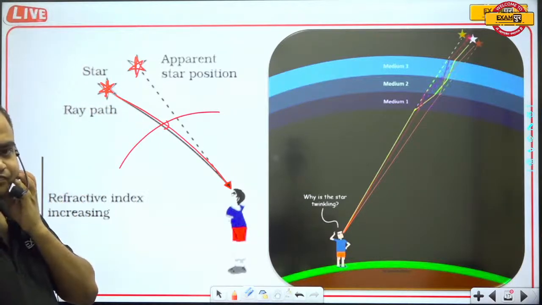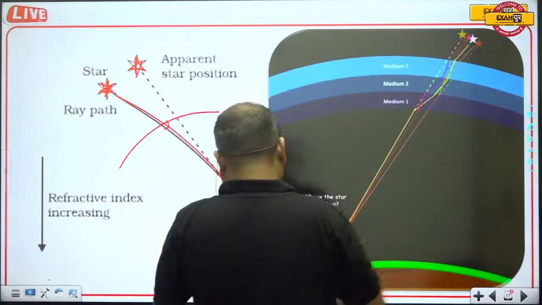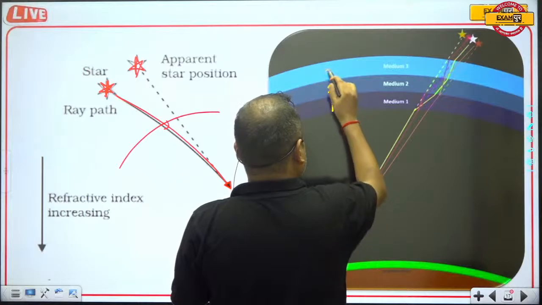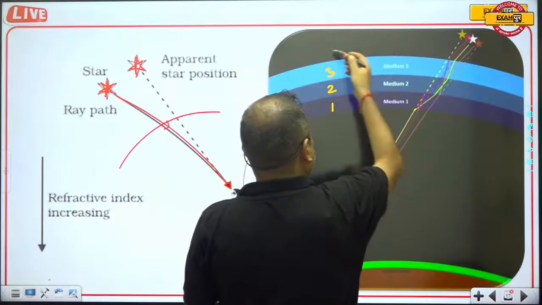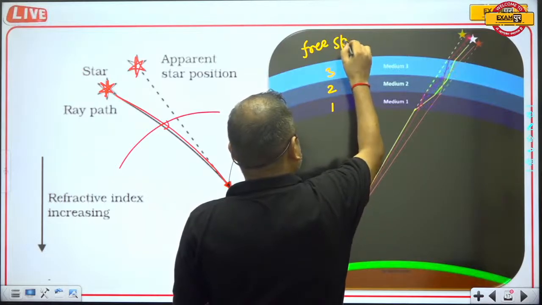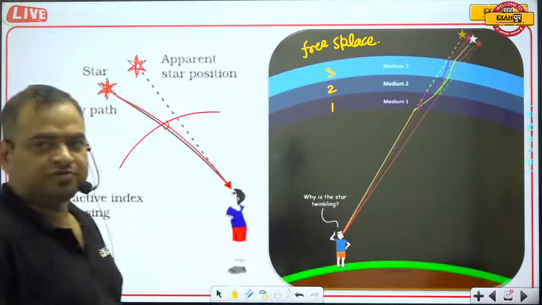Suppose that in the atmosphere there are many layers like this. This is layer number 1, layer number 2, layer number 3, then this is free space. Free space appears absolutely black.